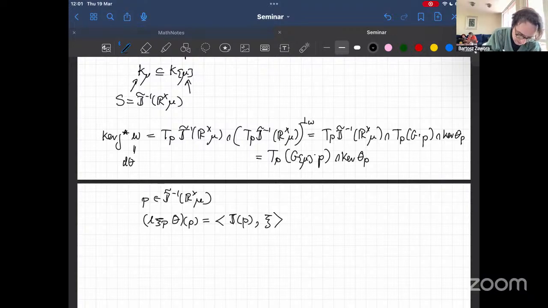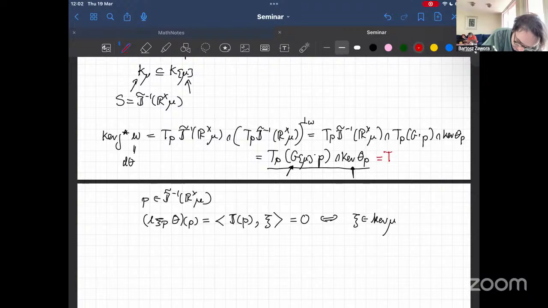So we have fundamental vector fields that belong here, but also are in the kernel of theta at P. So this is equal to 0 if and only if psi belongs to the kernel of mu, which gives us the tangent space to the orbit generated by K_mu.